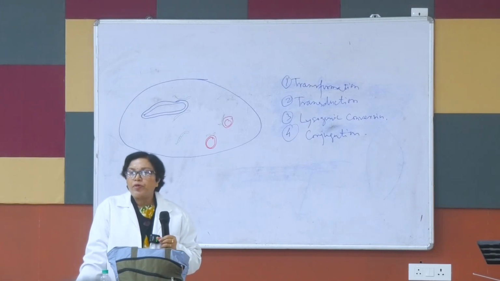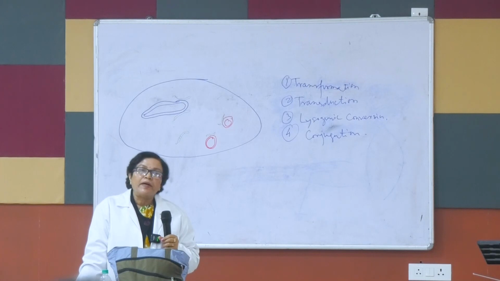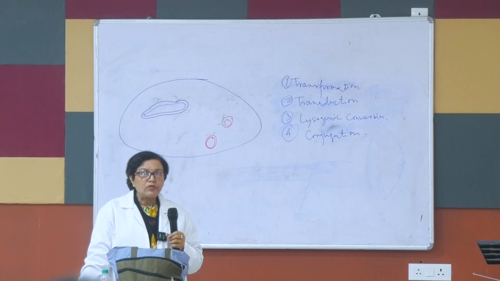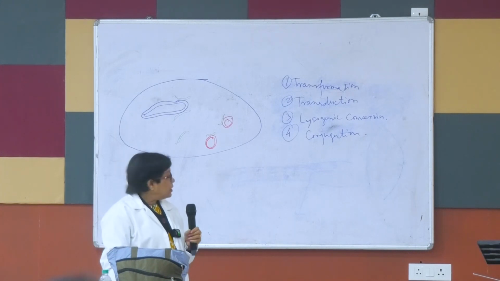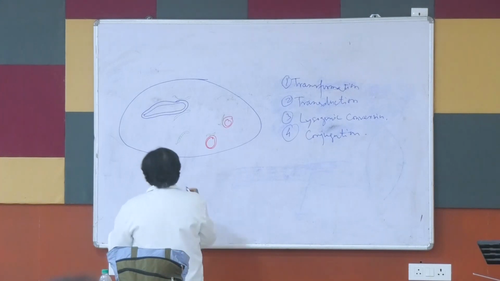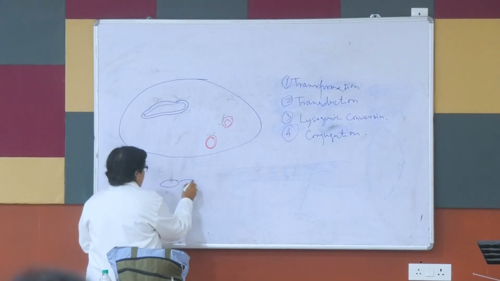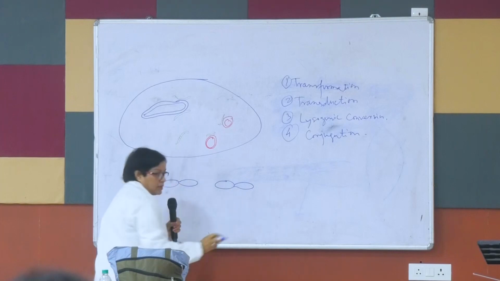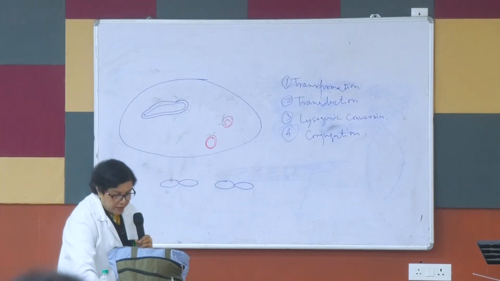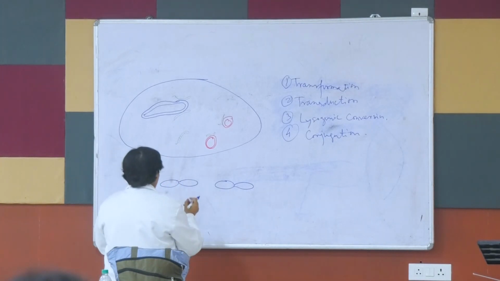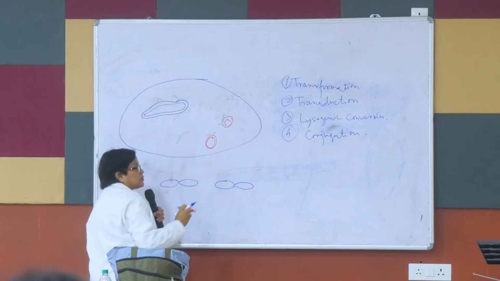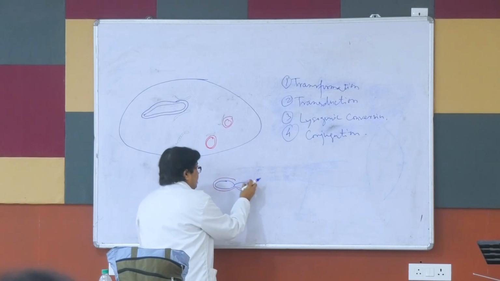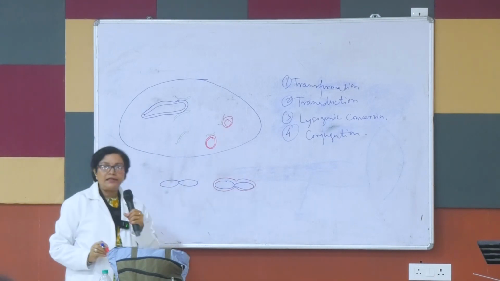Griffith experimented on mice with capsulated pneumococcus. One strain is rough and living, but without a capsule. The other is smooth, having a capsule, but it is heat killed.